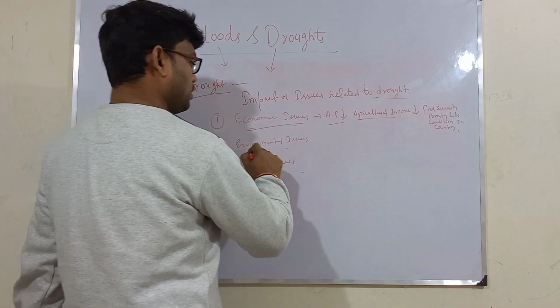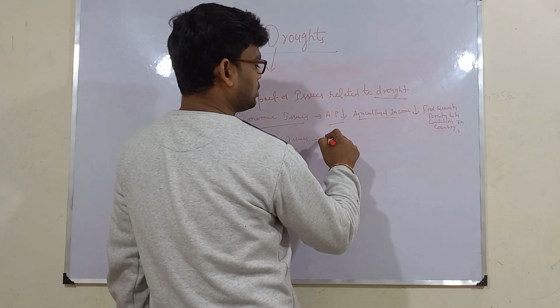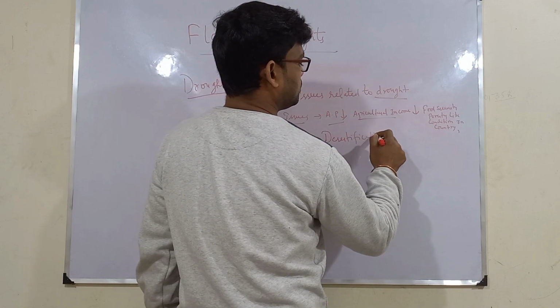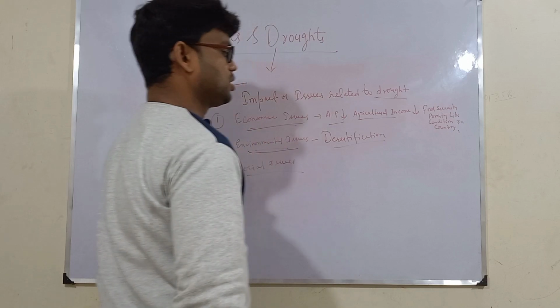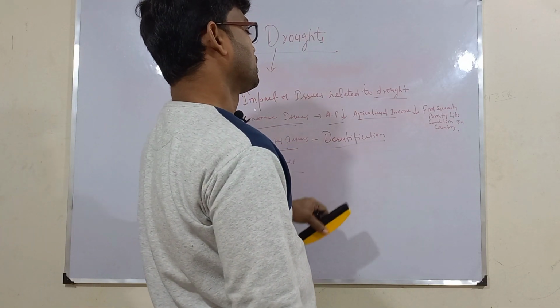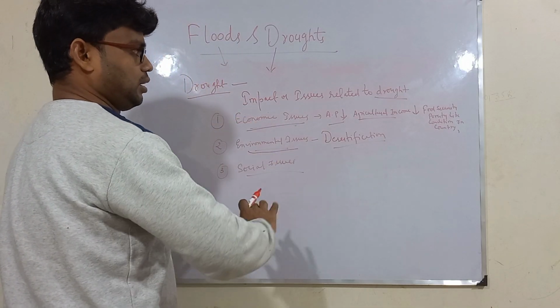Now second is the environmental issues. Now what are the environmental issues here? Due to this drought, this may lead to desertification of the land. That means the land which was earlier fit for agriculture will now get converted into desertified land. Okay, and it will become barren or unfit for agriculture.